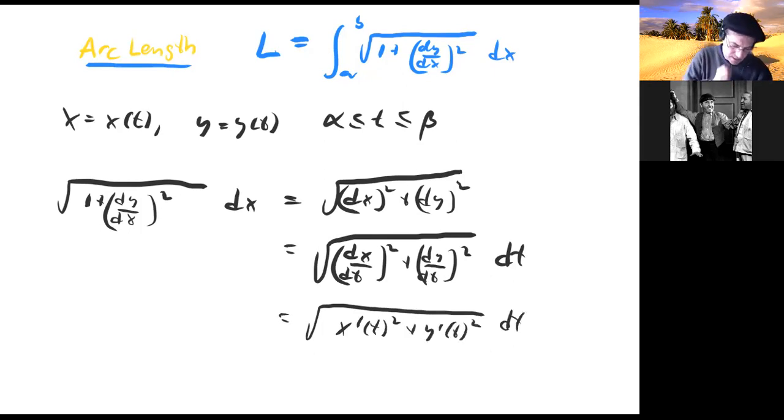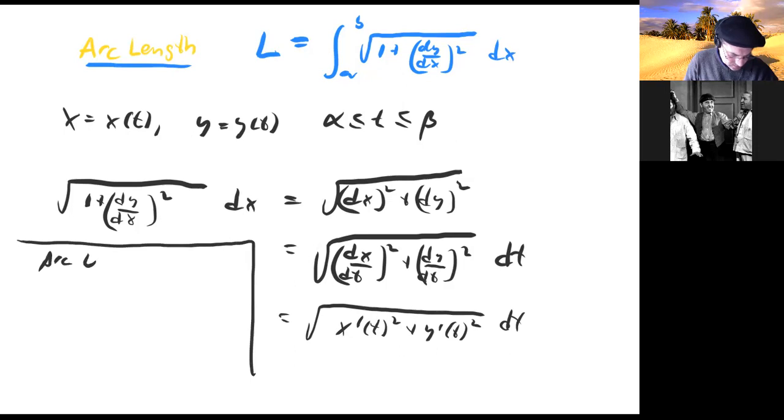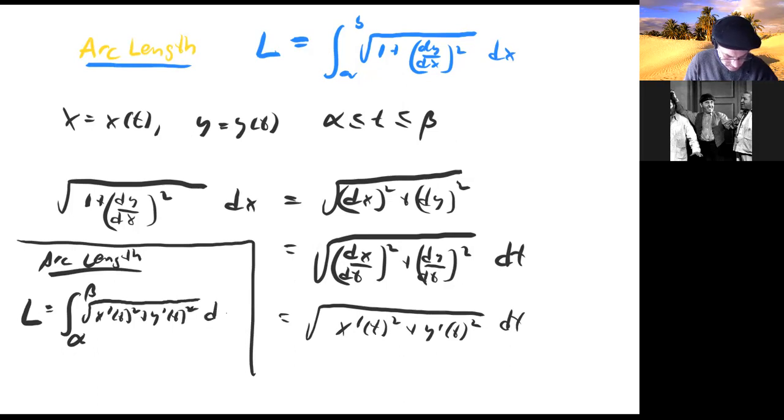So what this tells me is that the arc length of a parametric curve is given by the following formula. It's given by the integral from alpha to beta of the square root of x prime of t squared plus y prime of t squared dt.